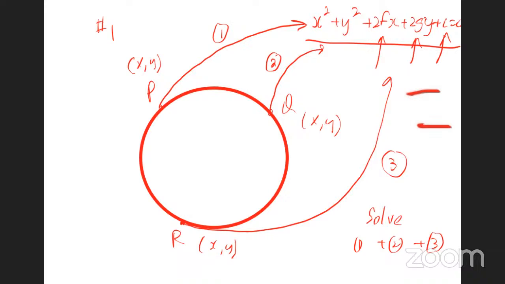All right, so the first method is to plug in the 3 points into the general form and get 3 equations and you solve it. That's method 1, right?